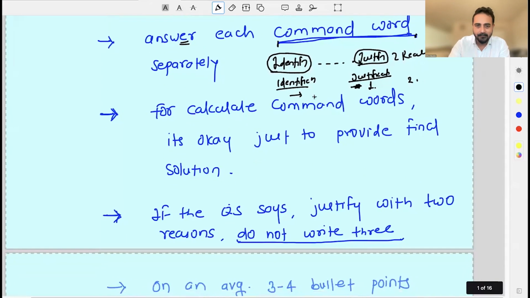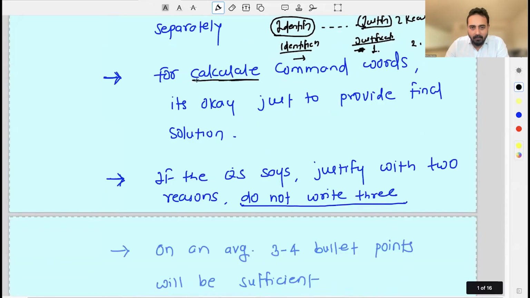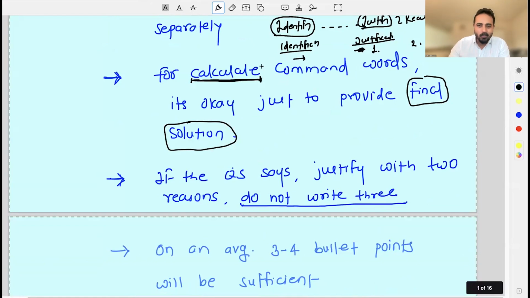Then what if you have a calculate command word? For a calculate command word, the only expectation from you is to just provide that final quantified number, right? You need a numerical solution to it. They do not expect you to write formulas. Since most of you have prepared well, and obviously most of you are good at numbers, I would recommend don't get into the trap of trying to write the formula and then write the number below that.